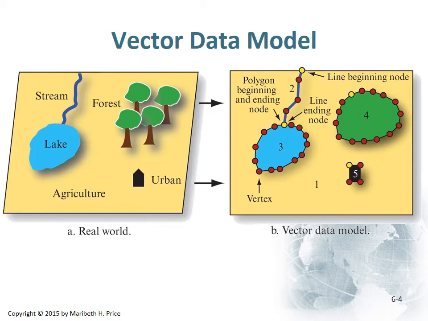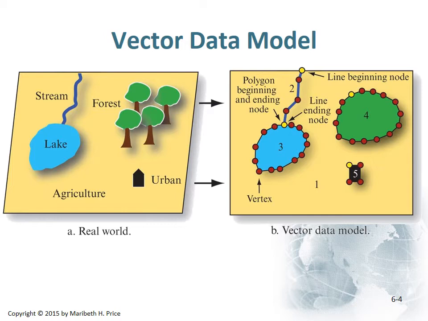So on the right, how would we digitize those things? Well, we'd have the entire agricultural area as a large polygon, and we're only seeing a portion of it here. But to describe the stream, you've got a line consisting of a start node, 3 vertices, and an end node.